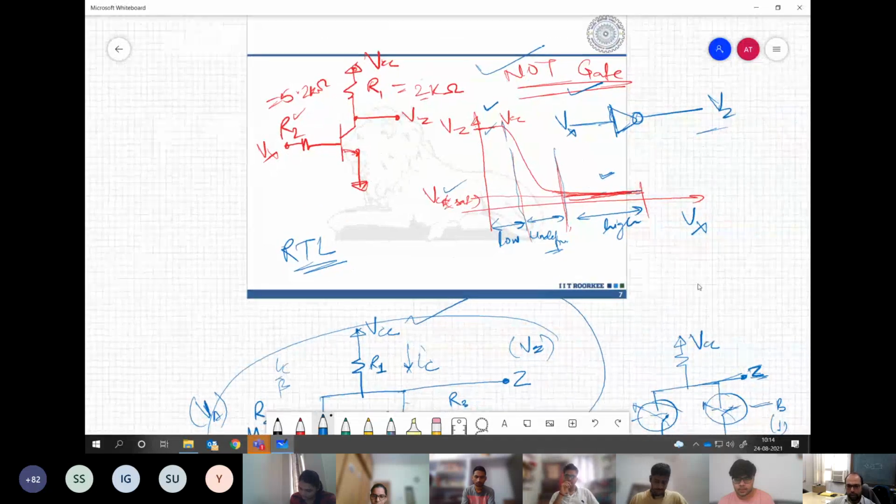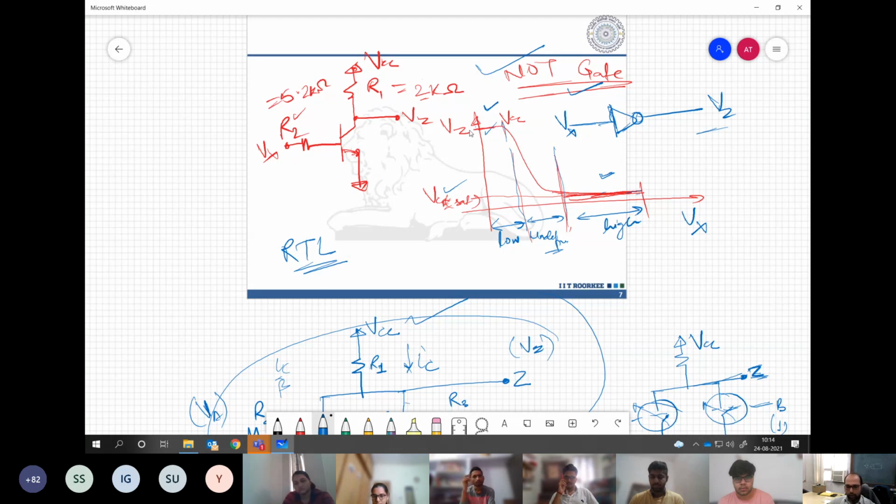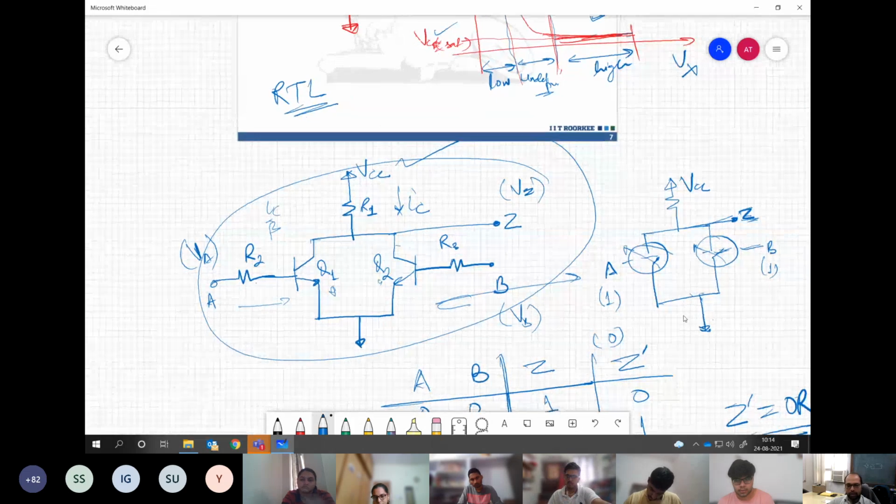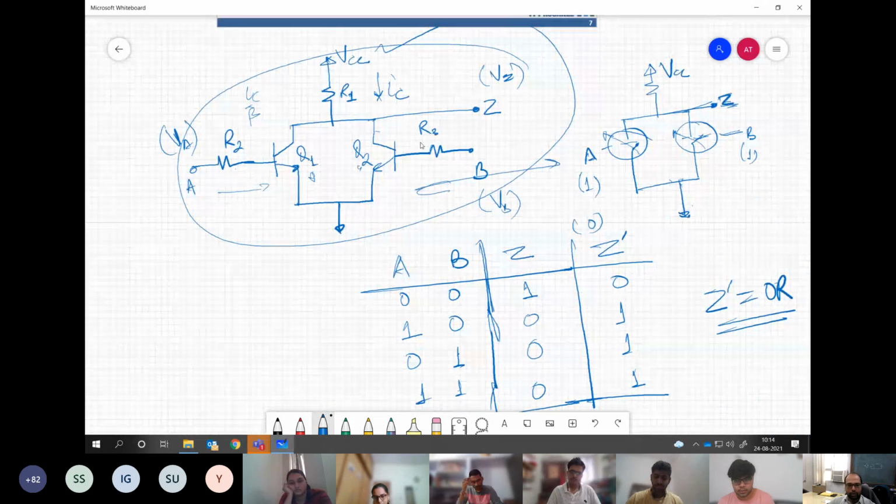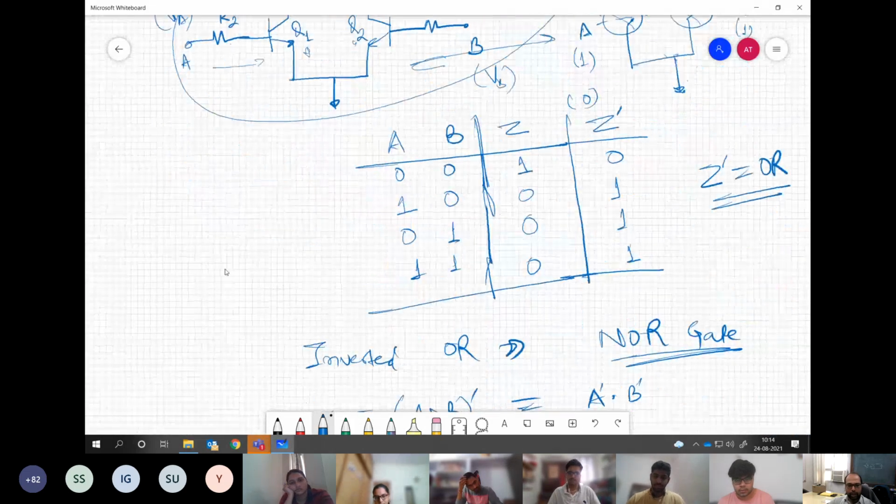So then we have seen the performance of this NOT gate, how it would behave with the input, how the output would be. So there is some transition phase which we are calling undefined, and before that we have the high state for the output whenever the input is low, and whenever the input is high, the output is low, basically the VCE sat value. So this is what we have seen, and then we tried to realize some NAND gate, then NOR gate.